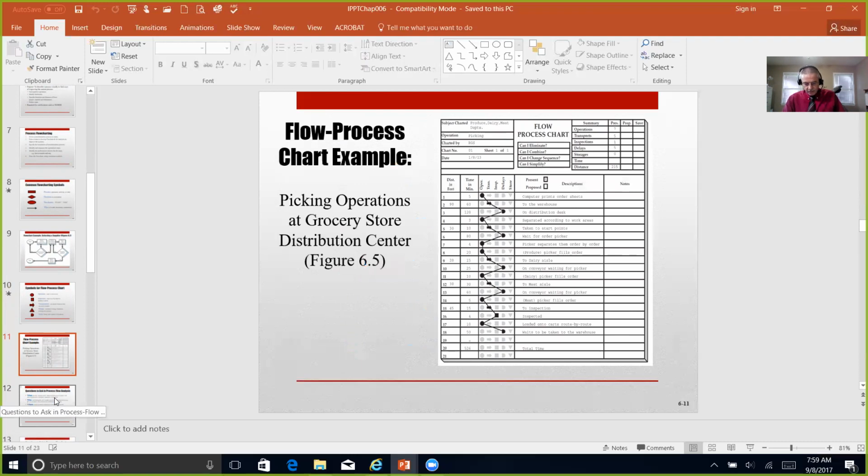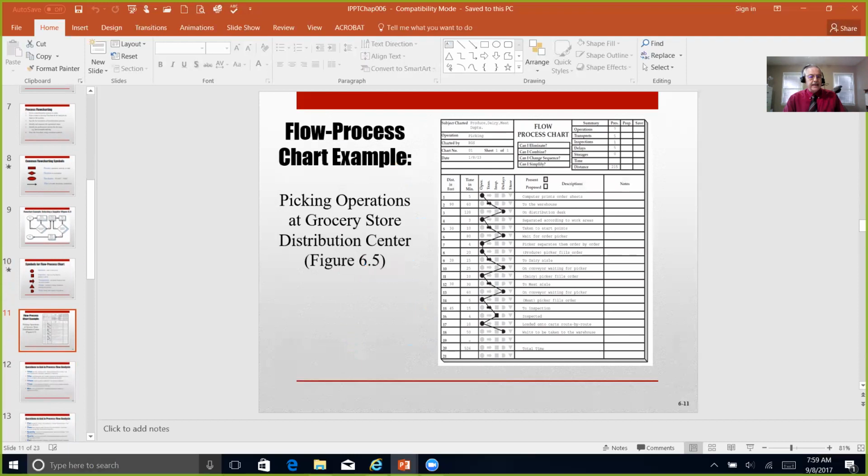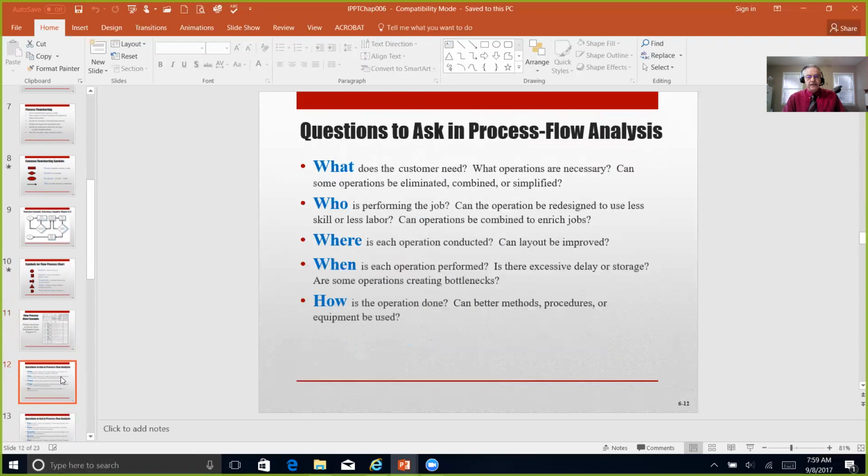So let's talk about process flow analysis and asking questions. As we indicated already, when you're doing a flow chart of a transformation process, you've got to make sure that you understand what you're trying to solve or what the real problem is.